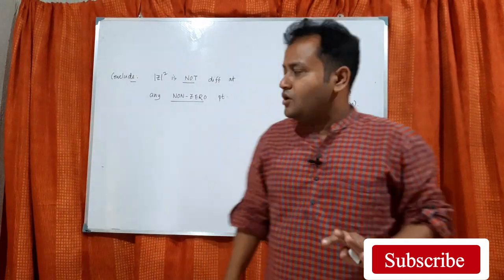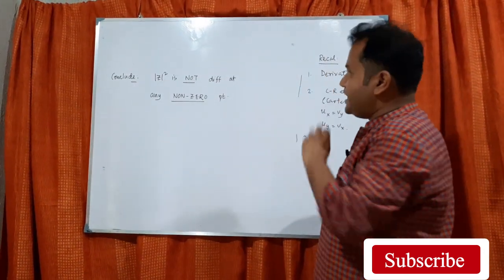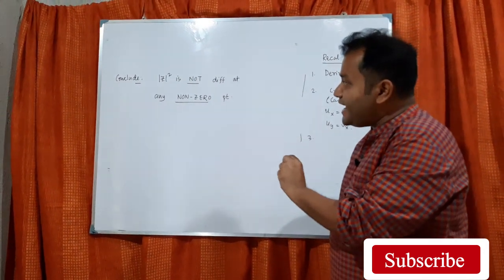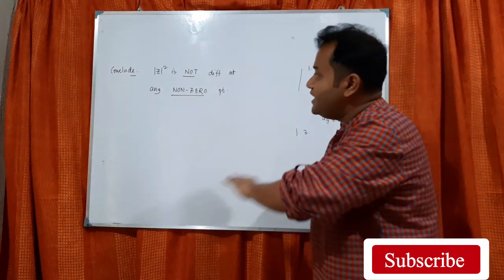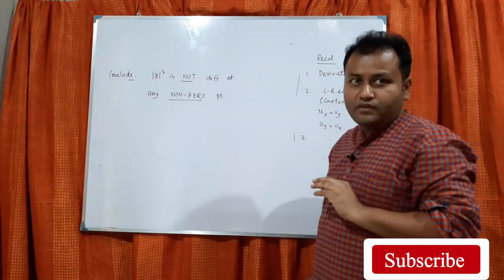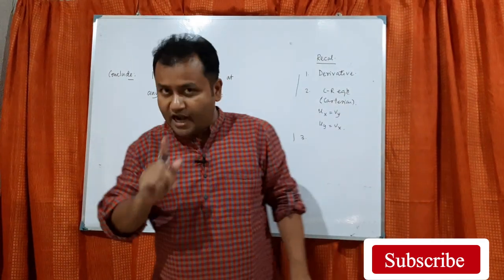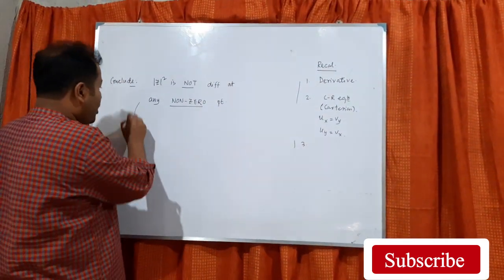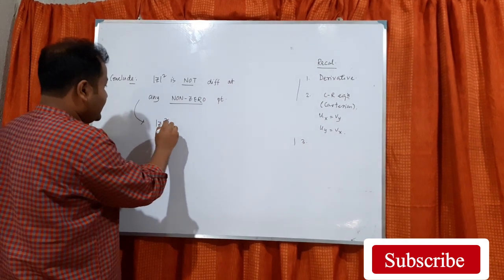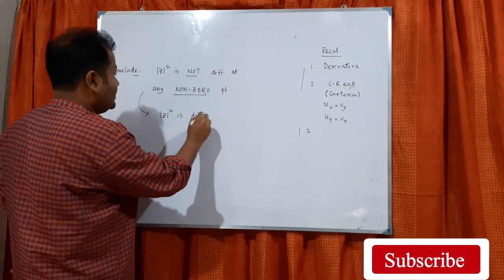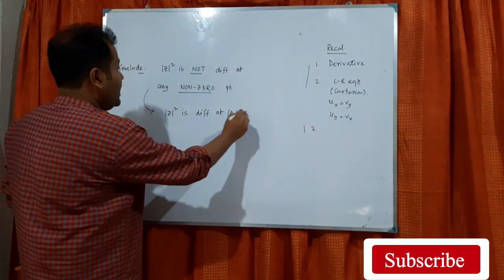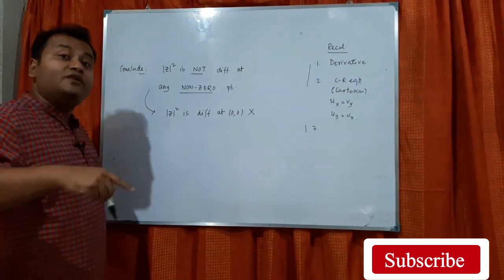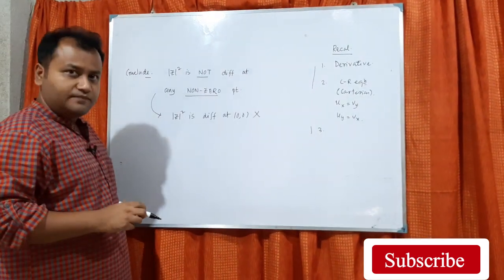Okay. Now looking at this statement, at which point is it not differentiable? But carefully, in the statement we have not said that mod of z square is differentiable at 0, 0. We have said at which points it is not differentiable.